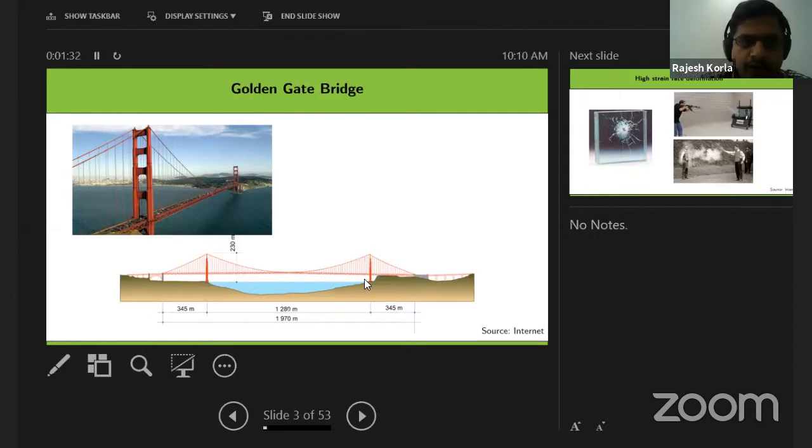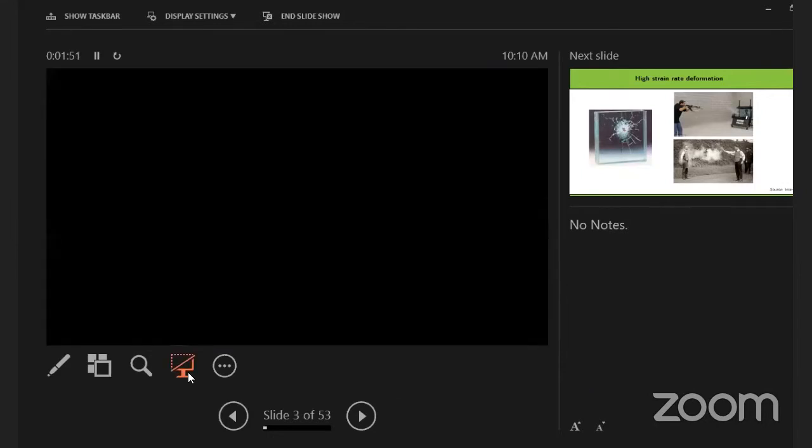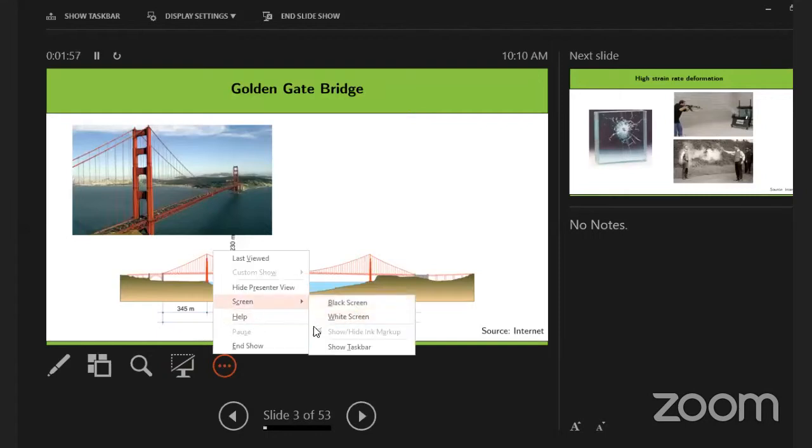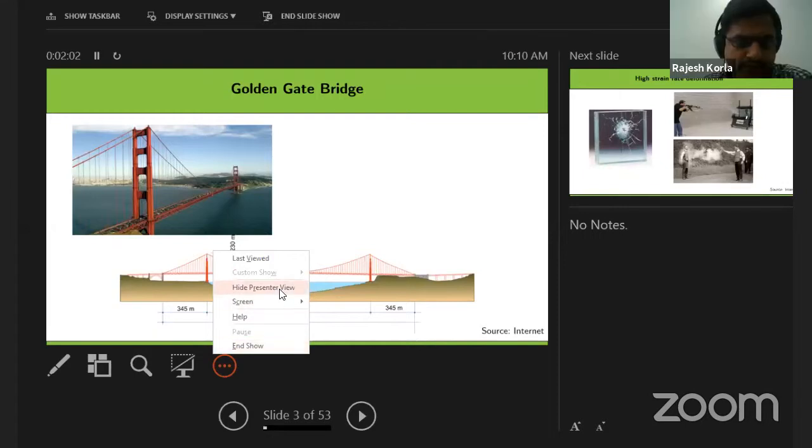Can you see my pointer? Hello? Can anyone see my pointer here? Yes, sir. We can see your pointer, sir. Sir, could you enlarge your screen? We are able to see the next slide layer also. It will be in display settings, sir.